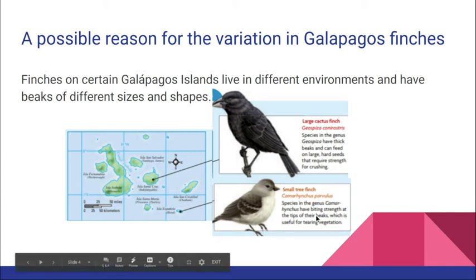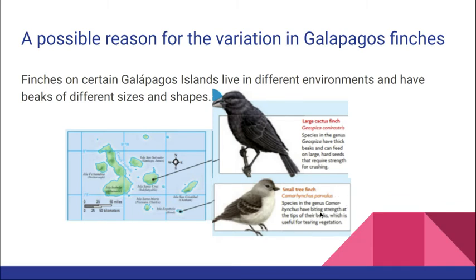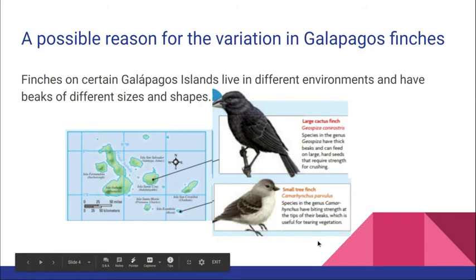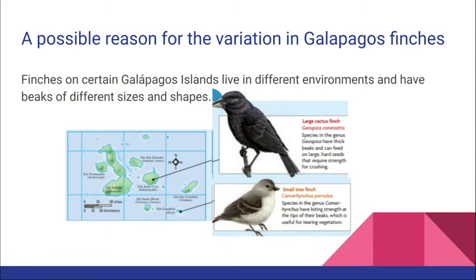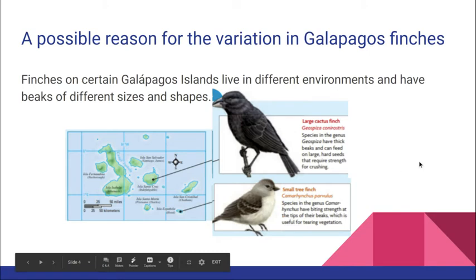While you have this small tree finch living on the southern island that is in a different genus, Camarhynchus, whose beak is more built for tearing apart vegetation, such as leaves or grass or fruit, for example. It would have the ability to break into that soft skin and then rip it apart using its strength and its biting force.